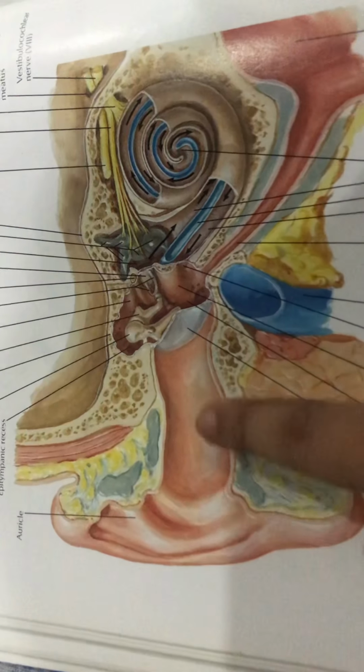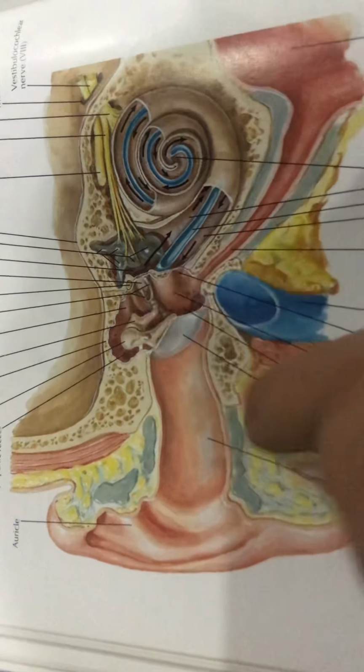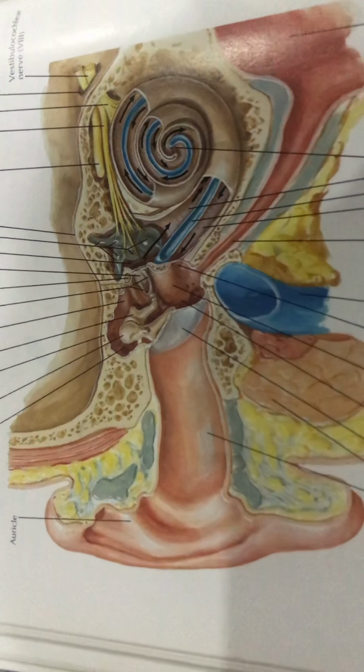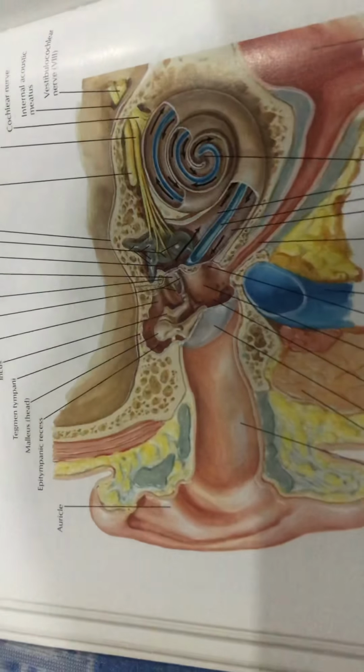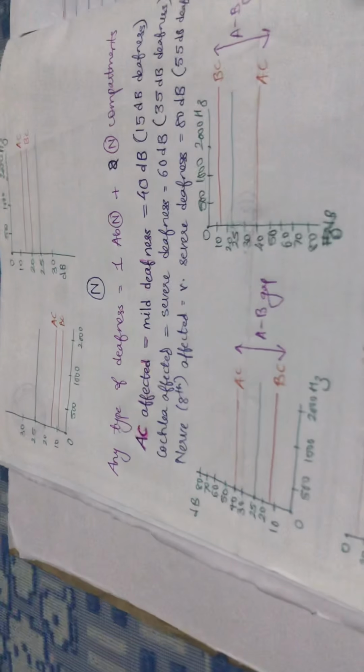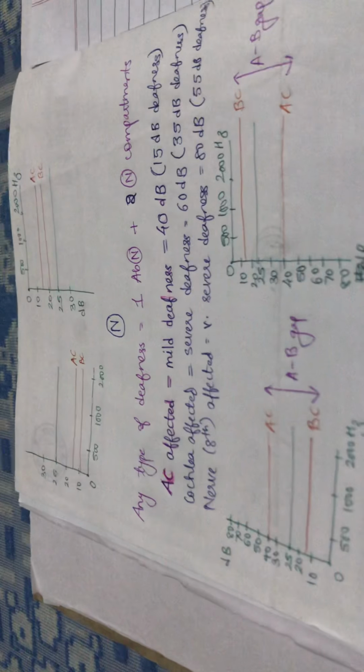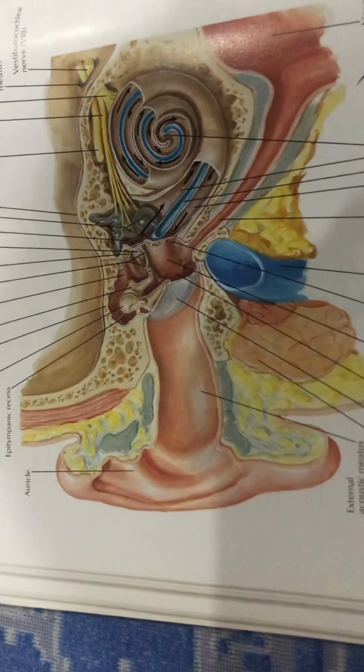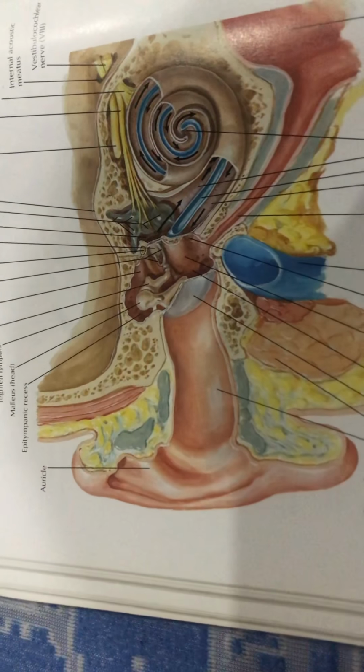So since the defect lies in your conductive part, the air conduction graph is going to go above 25 decibels, and like we saw, usually conductive deafness is a mild deafness of about 15 decibels. So the patient will hear at about 40 decibels. So the air conduction graph is plotted at about 40 decibels.